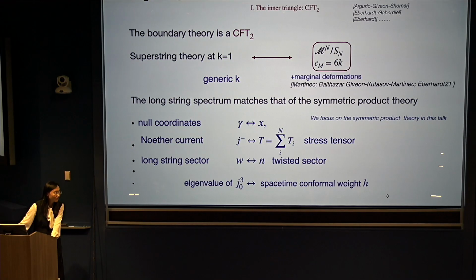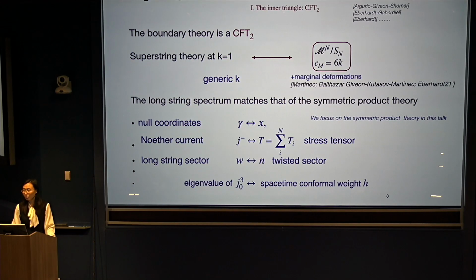But do we know anything about the short string sector and what's the dual? It's a mystery. Even before any deformation, it's very complicated. We know something about the Carroll primaries, but in general, I don't have much to say about it.